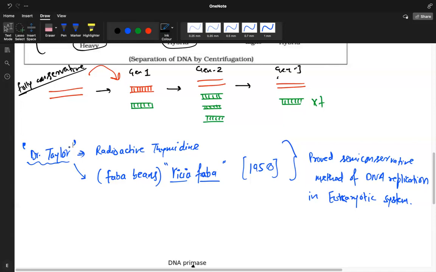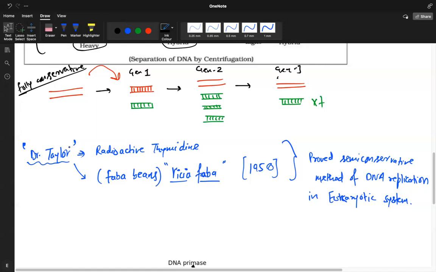And I think you can understand that what they did is they used faba beans, and right from the seeds, when they allowed them to grow, genetically they tagged everything that's going to form, new DNA that's going to form and cell that's going to divide, by using radioactive thymidine.